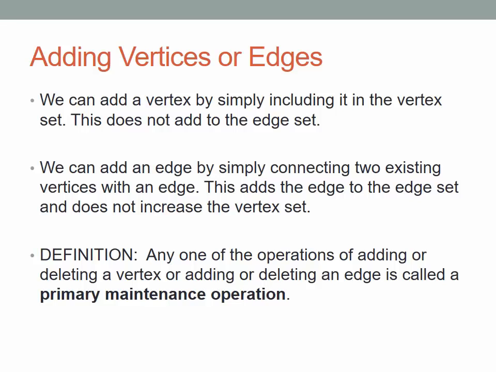We can add an edge by connecting 2 vertices who are not connected in the original graph, and so adding an edge does not necessarily increase the number of vertices. These 2 operations are called primary maintenance operations.